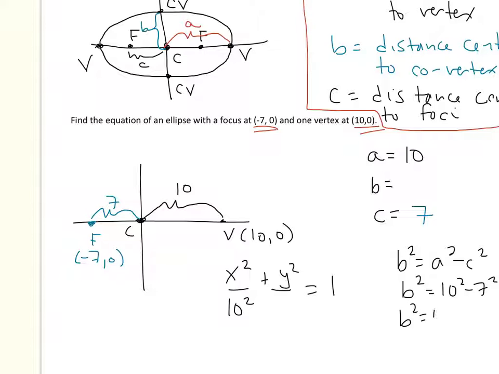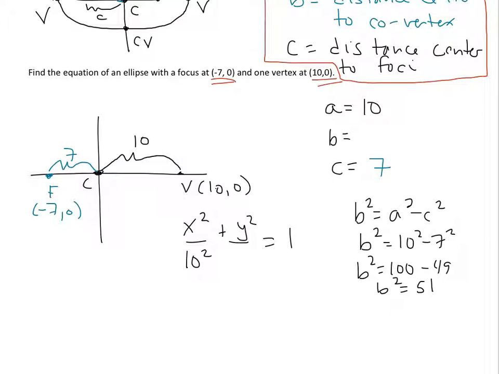So B squared equals 100 minus 49. So B squared is 51. So if I take the square root of that, B is going to be the square root of 51. So I can put that up there. Now the good news is I really don't need to know what that is because in my equation, it's x squared over A squared, y squared over B squared.